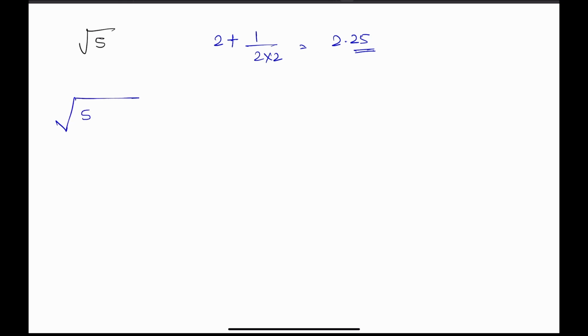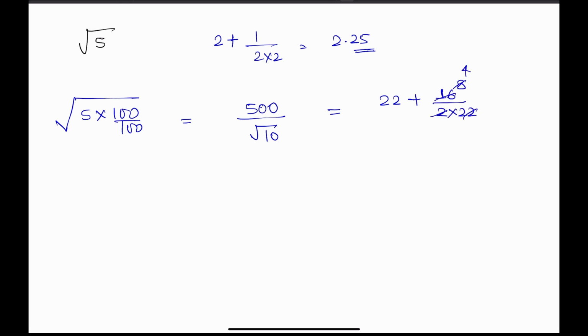Root under 5 into 100 by 100, so this will become root 500 upon 10. So root 500, 500 is equal to 484, 22 plus 16, and then it will be 16 upon 2 into 22, so 8 by 11, 22 plus 0.36, 22.36.